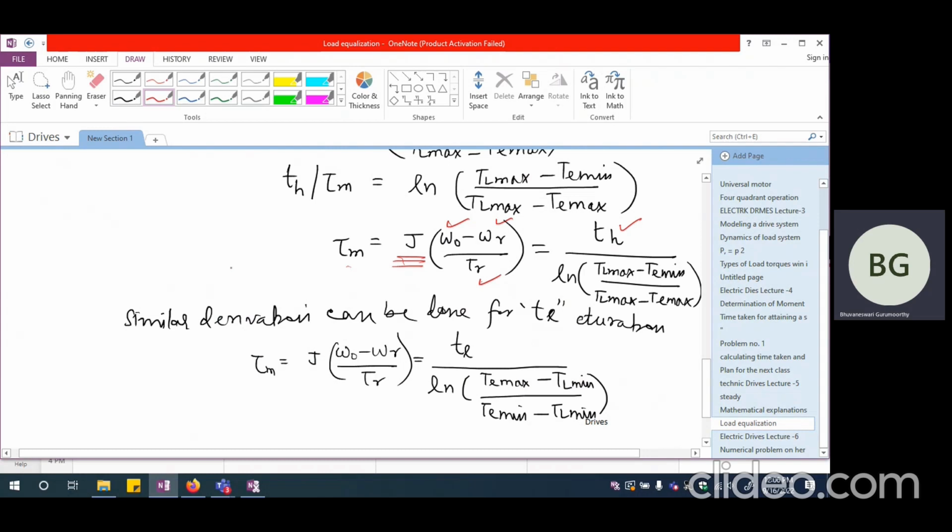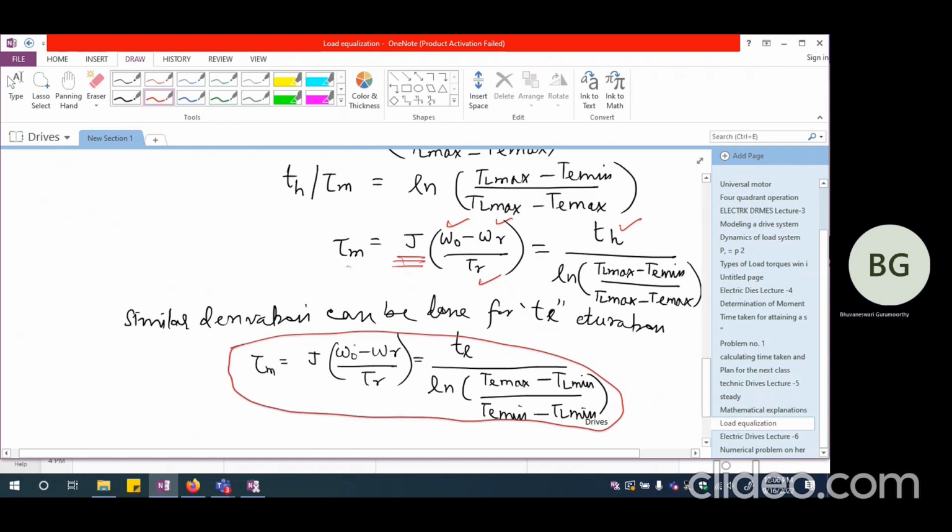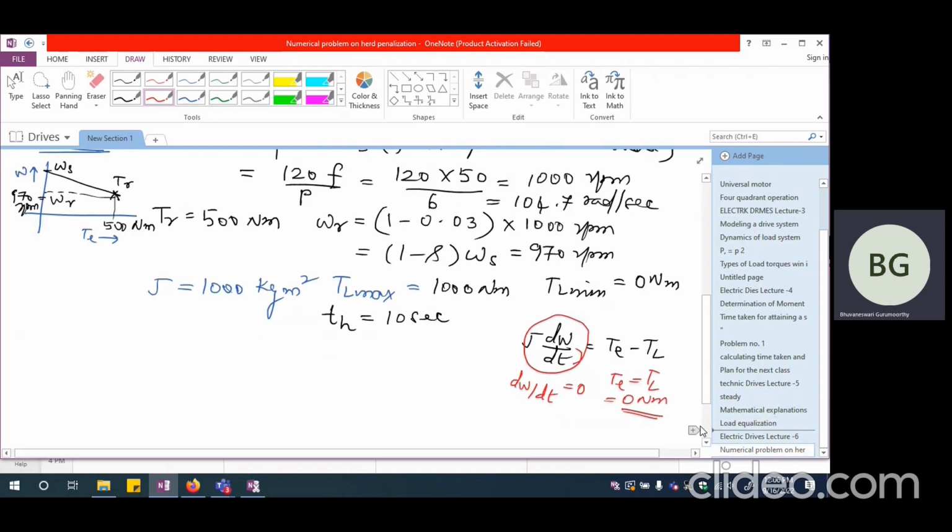So here is the derivation of what we did in the last class. We said that (J(omega naught minus omega r))/tau r equals TL divided by the natural logarithm of this particular expression. This corresponds to the light load period. But if you are talking about the high load period, which is TH, let me write this clearly on the new page that I have opened.